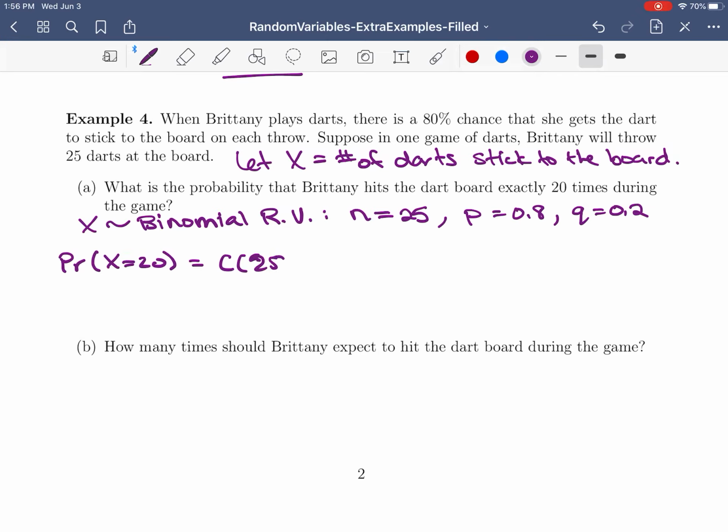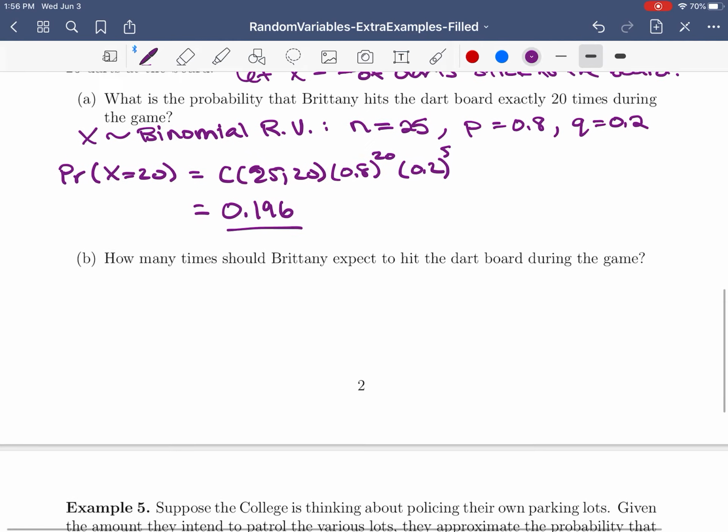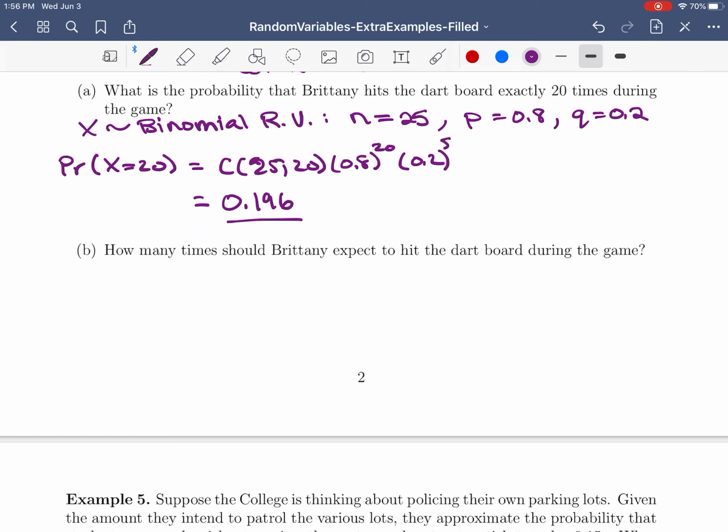So it's going to be 25 choose 20, times 0.8 to the 20, times 0.2 to the 5. Okay, so if we compute this, we get the probability as 0.196, approximately.